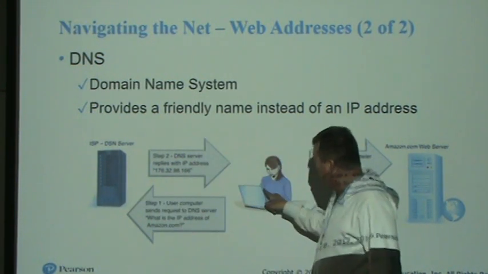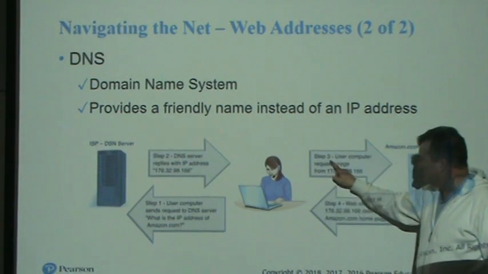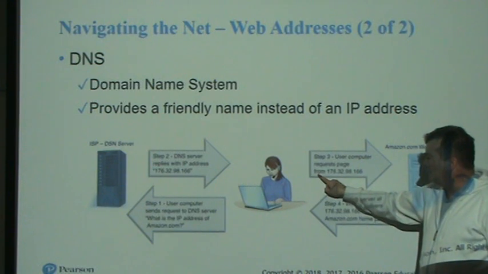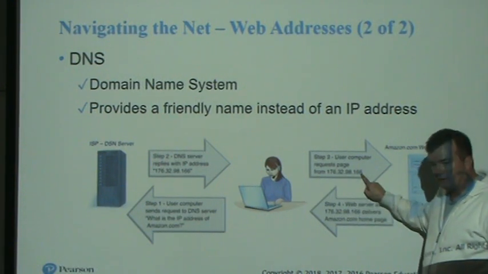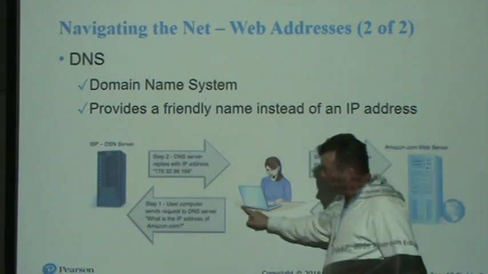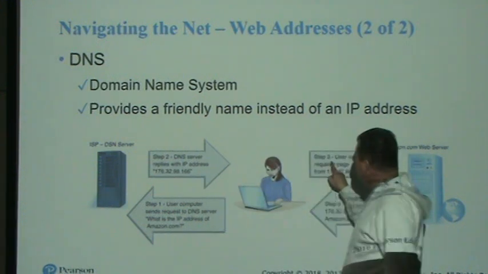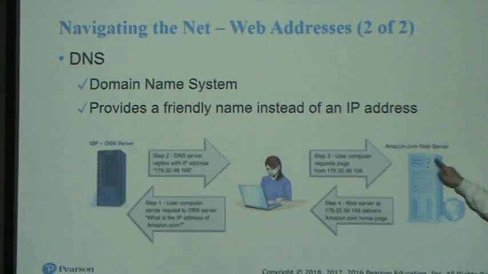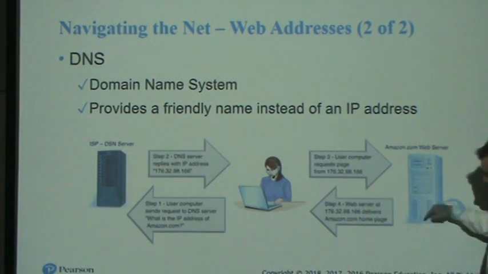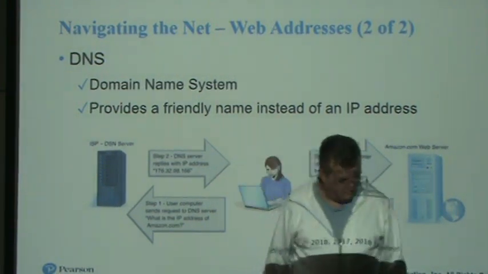It came back to her computer, and then a message got sent out. This computer requests data from, here's the number of Amazon.com, not the name. The only point of the name is to go to this thing and have this thing tell me this name equals this number. Now we're sending it out to this number. And then this thing replies and sends the message back to her.